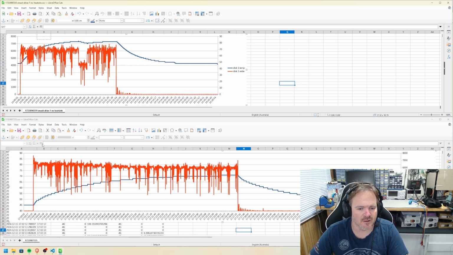So you can see a hugely higher rise there. This is a much gentler rise, so a much larger tau value there if we're going by first order system. And you can see that this one peaked at around 83 over here, where this one peaked at around 70. So a difference of around 12, 13 degrees, huge.